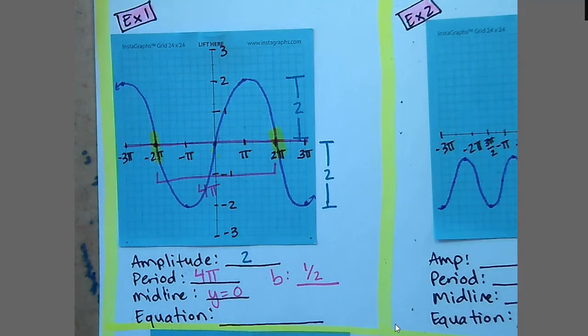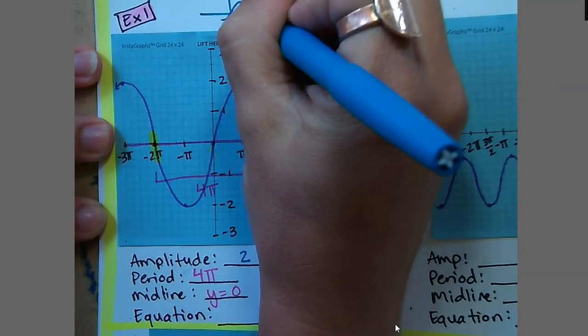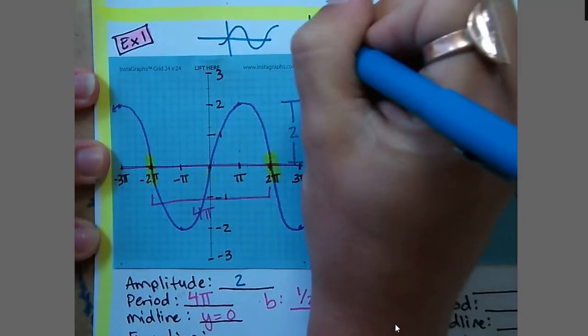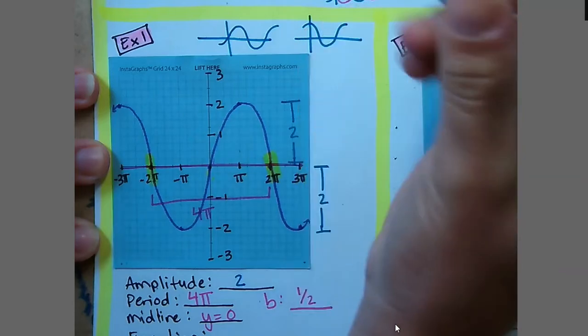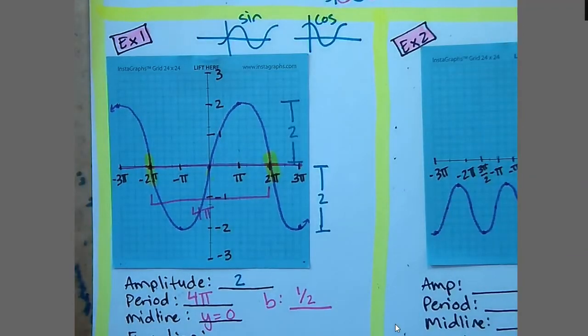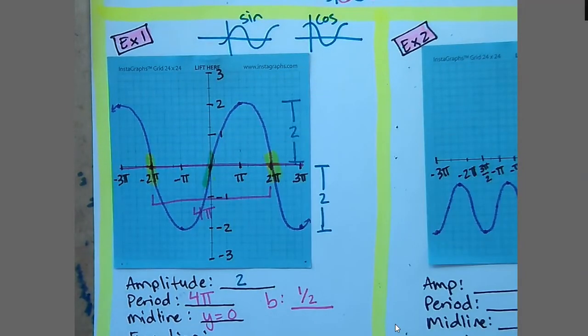So remember, sine is where it is going through the middle on the y-axis, and cosine goes through a max or min right there. So this is cosine, this is sine. So notice this one is going through the middle of the function, so this is going to be sine.